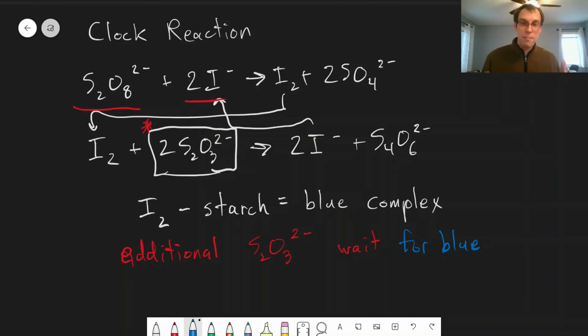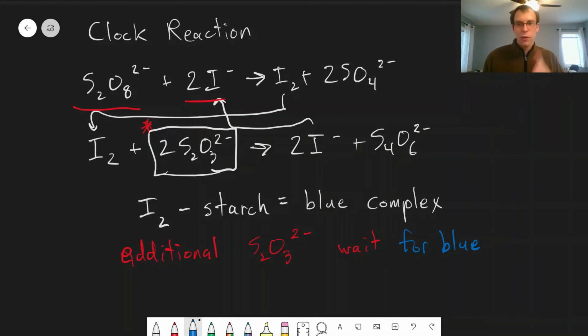And again, what we're going to measure is a time. That's what we really care about in a kinetics experiment: how long does it take for a reaction to happen. So you use a stopwatch or your phone, whatever, and you time from when you mix these things together, when does that blue color appear? You write down that time, and that's what's given to you in your lab write-up.